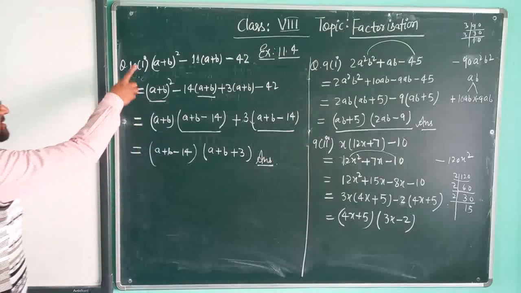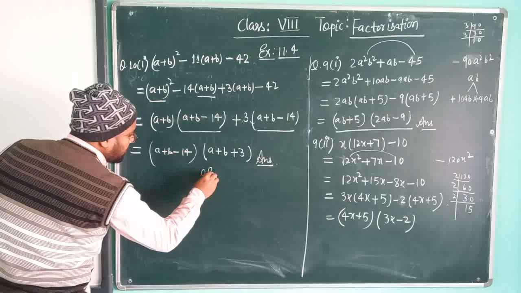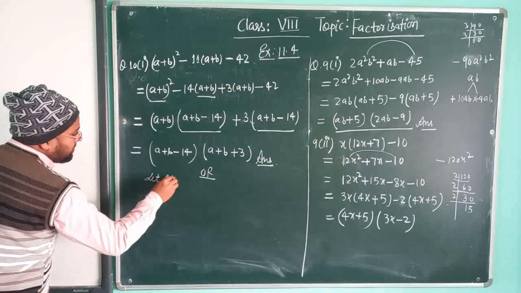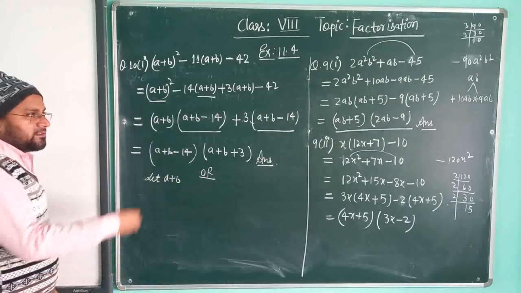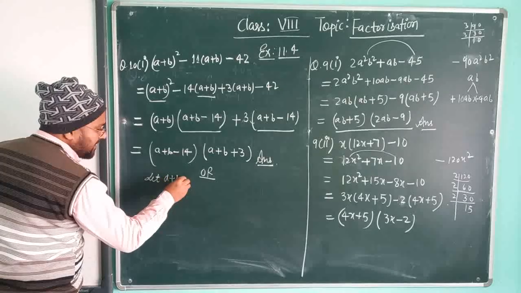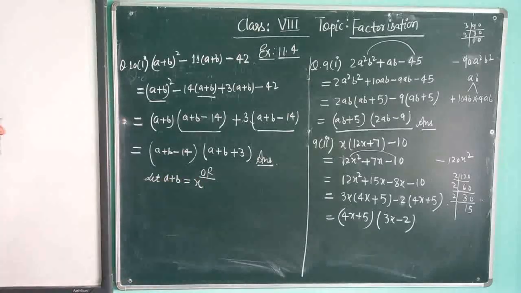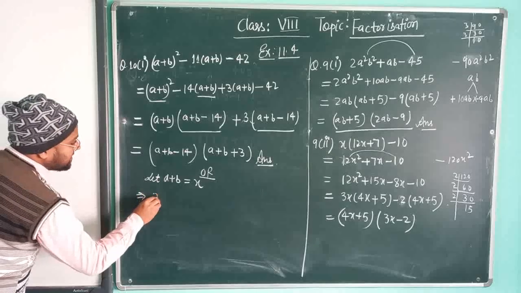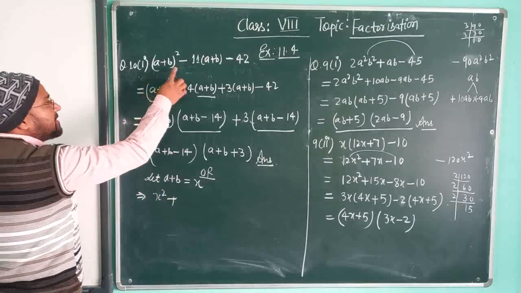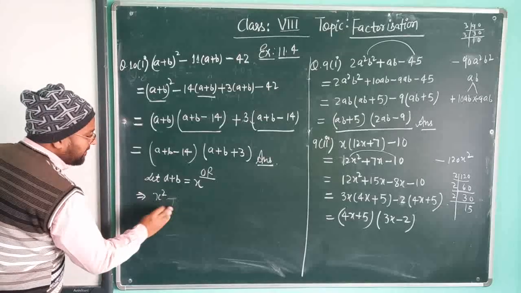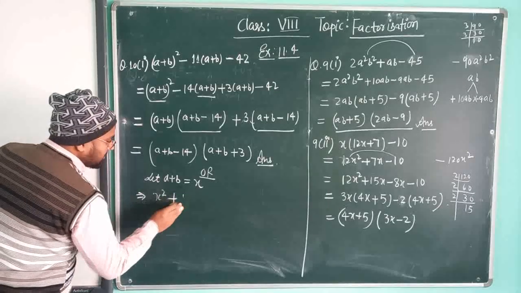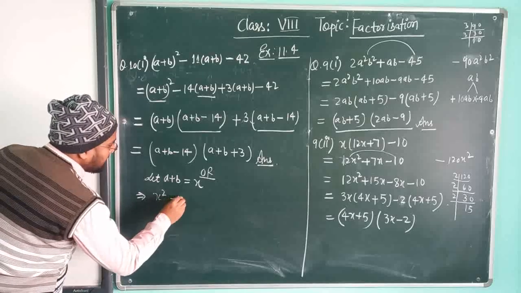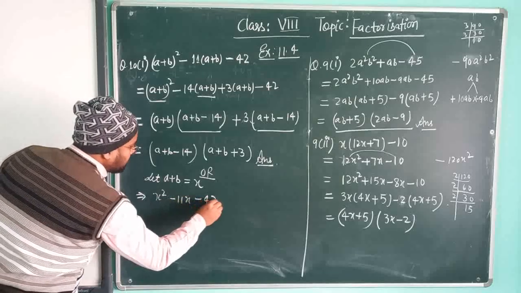The other method is, for the same one, let a plus b be x. Any problem in this one? I think no. You can easily understand this one. You can suppose a plus b is equal to x. So your equation changes to x square minus 11x and minus 42.